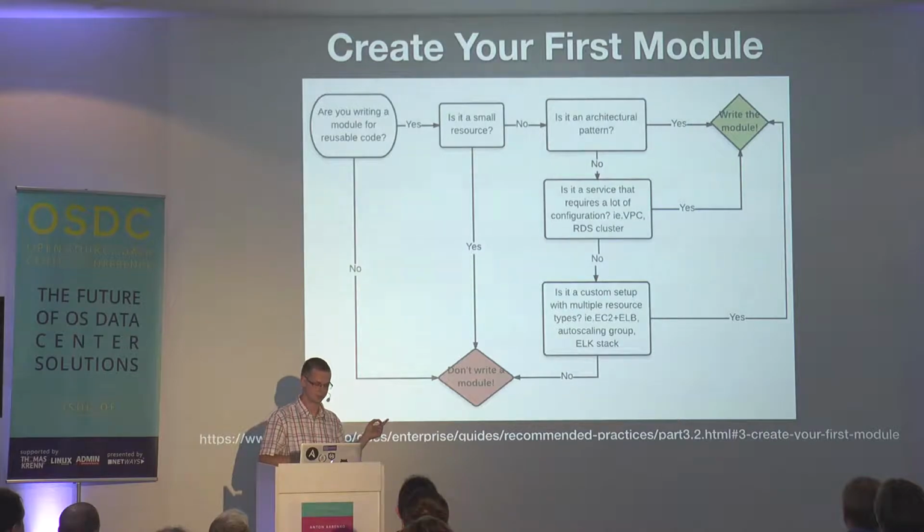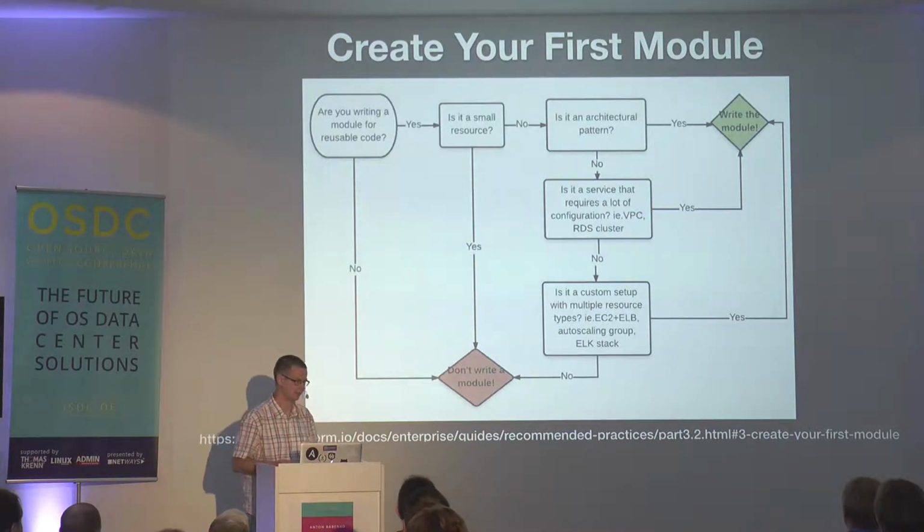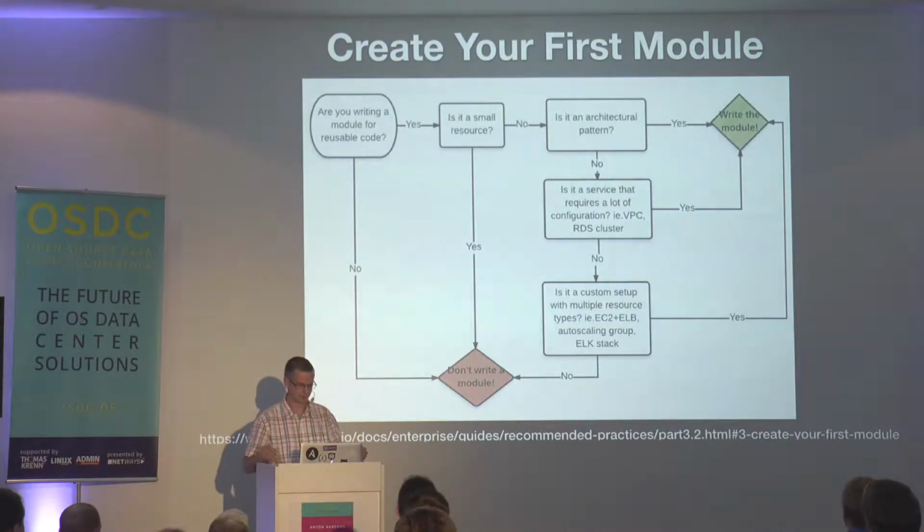I don't know why, but a lot of people think that they need to write a module for VPC, because they think, I'm so unique, I will make my VPC module, which will be the best. And then they see this diagram, and they figure out that, oh yeah, it's not so, so I don't need it. So I kind of agree with this diagram, but only 50%.